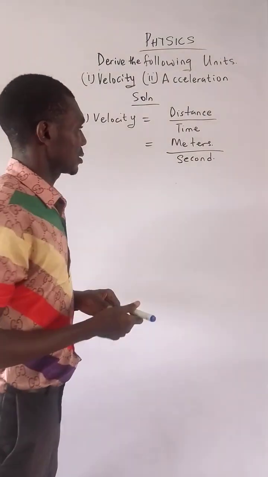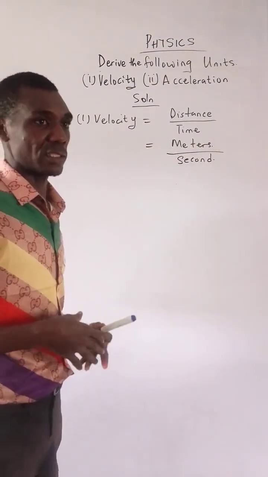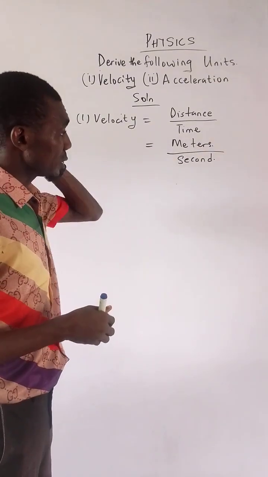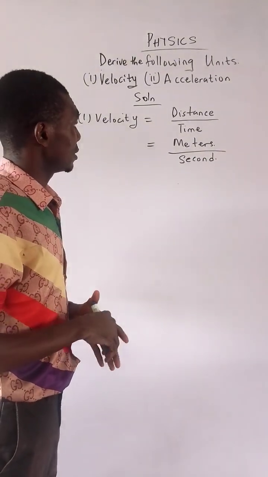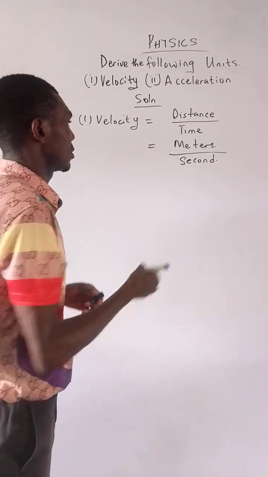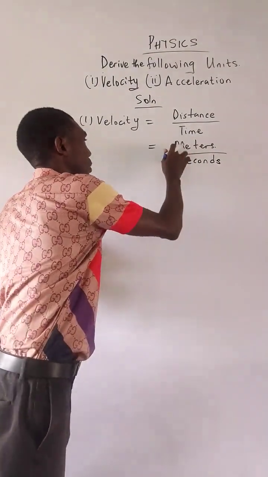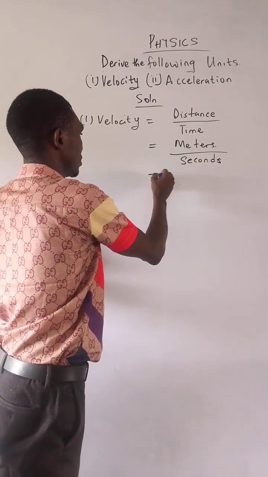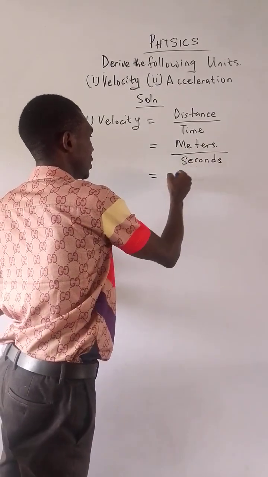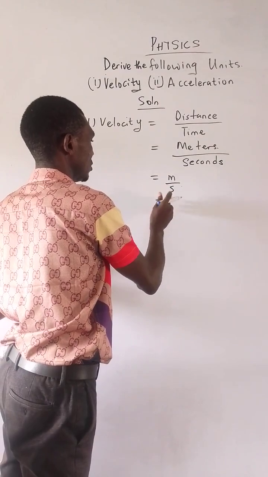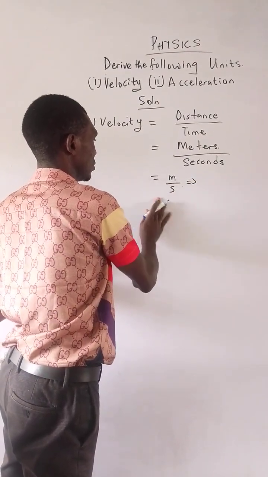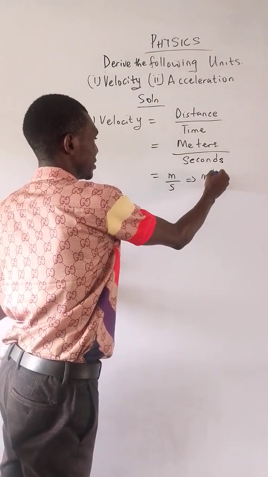So distance is measured in meters, time is measured in seconds. So meters over seconds is given as m over s, which is in turn meters per second.